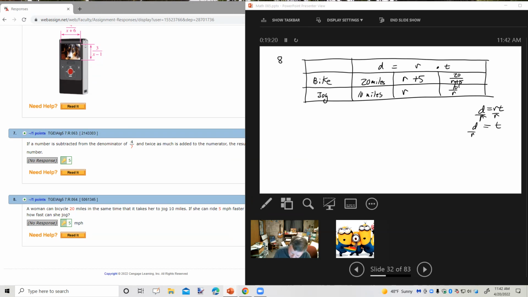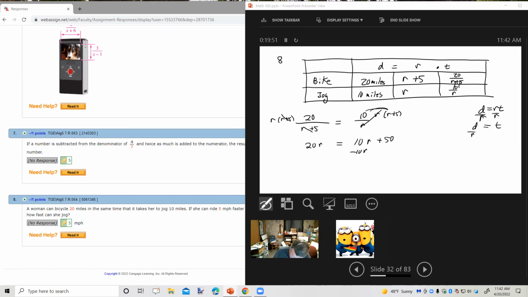But we know the times are equal, so our equation becomes 20 over R plus 5 equals 10 over R. The least common denominator of both sides is R times R plus 5. Over here, the R plus 5s reduce out and we have 20R. Over here, the R's reduce out and we have 10R plus 50.